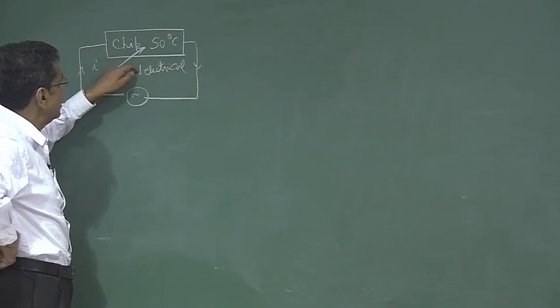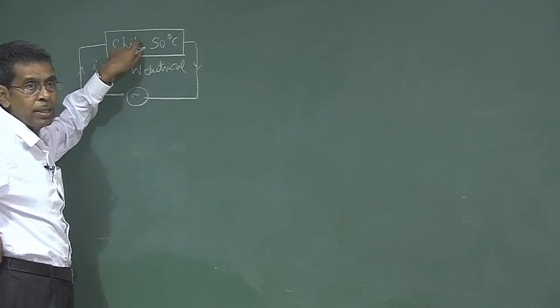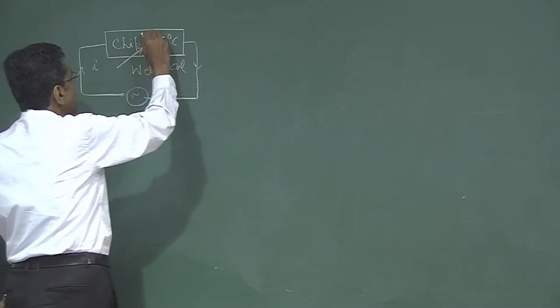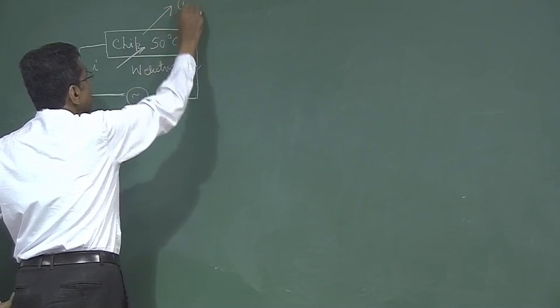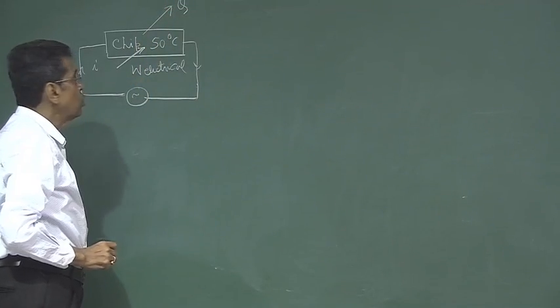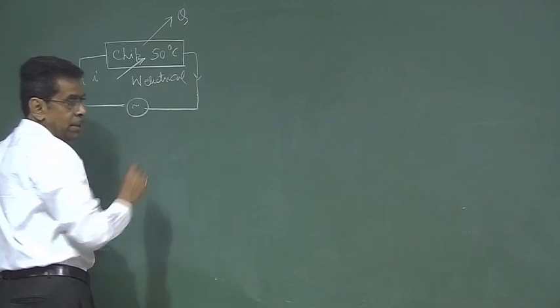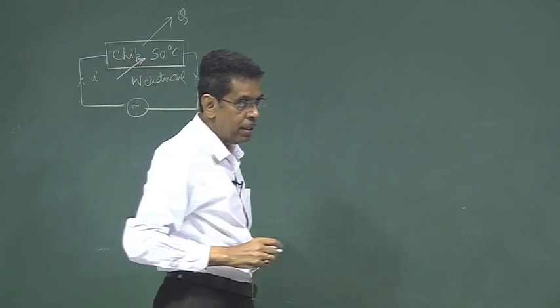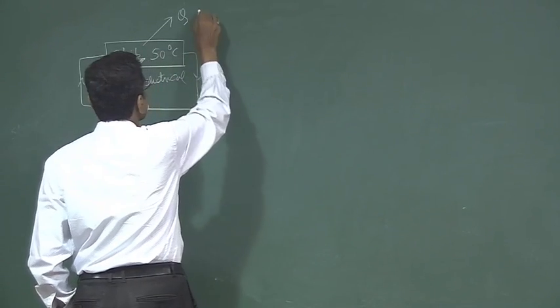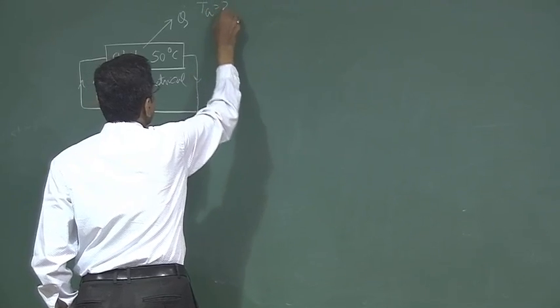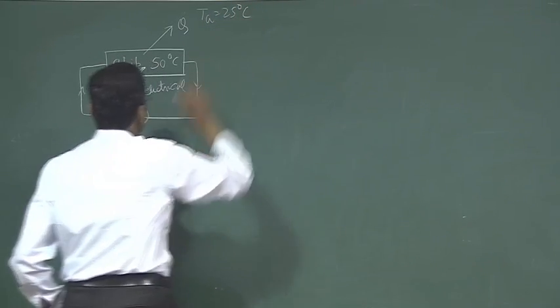Heated means this electrical work is converted into internal energy. But at the same time, it gives heat Q to the surrounding, which is at what temperature? Surrounding at 25 degrees Celsius temperature, T_A at 25 degrees Celsius.